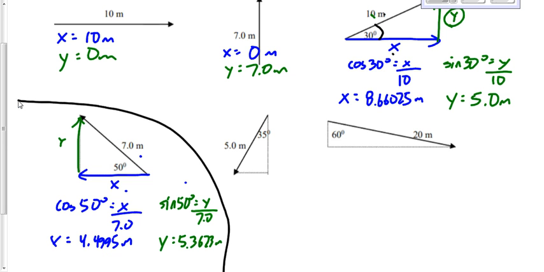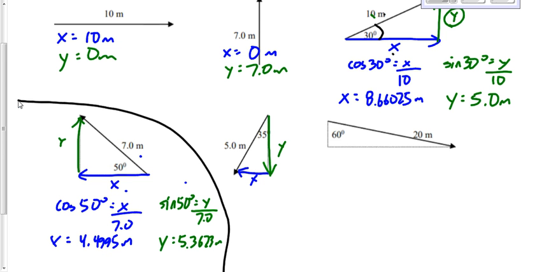Okay, let's do the next one. This would be X, and this would be Y. Oh, you know what I just noticed? We could, if we want to, be a little more specific with the one we just did here. How? This 7 meters is going left and up, right?